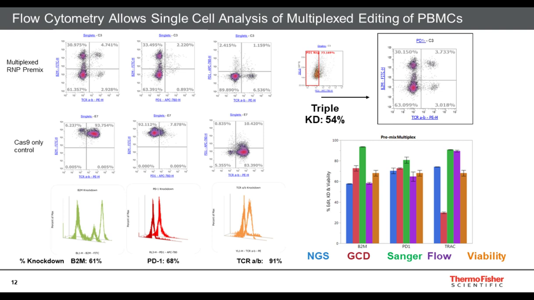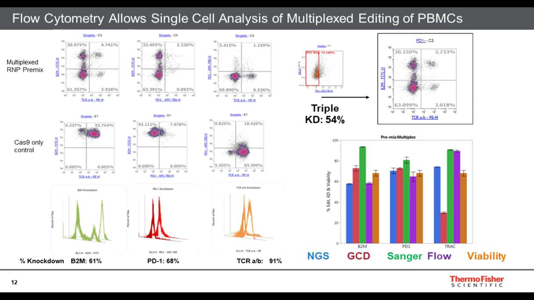So really the next huge advantage to using flow cytometry here, and not just an advantage, but it's unattainable by other means, by standard means, and that's the ability to look at multiplexed editing.